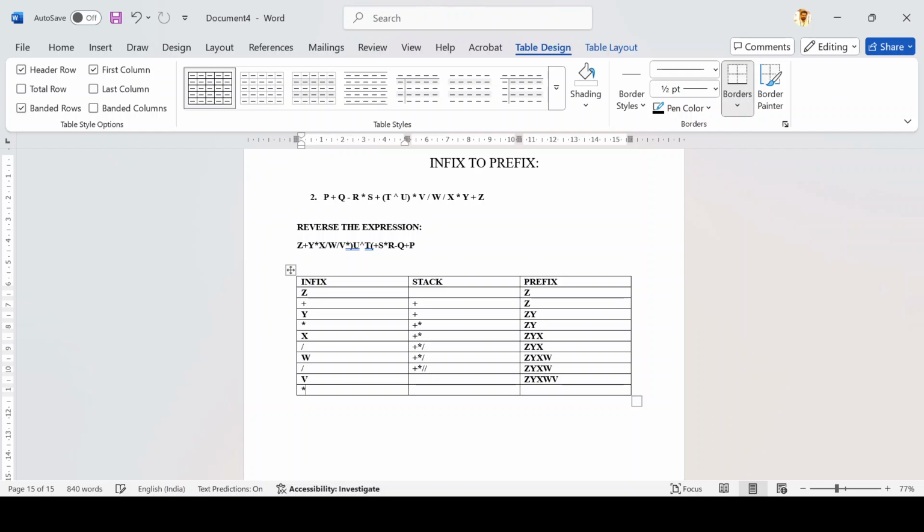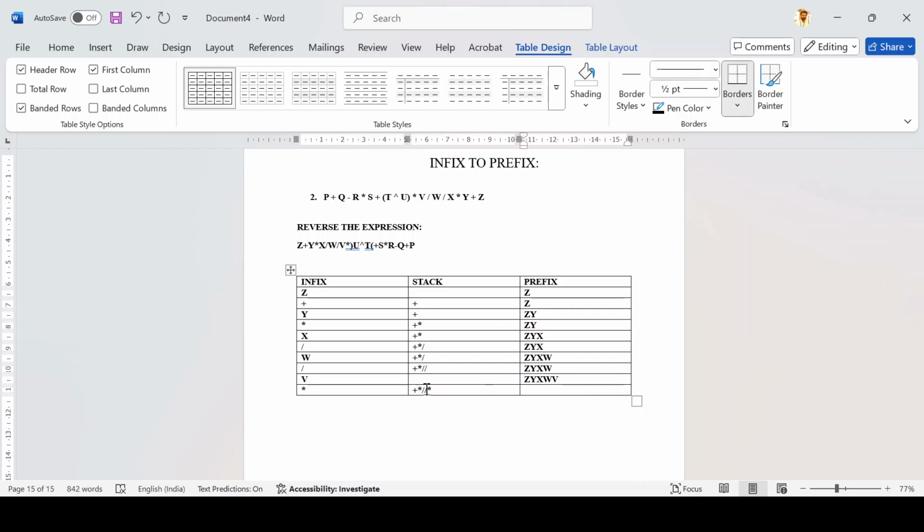Then we have a multiply symbol. Since it has equal precedence with the top of the stack, division being on the same precedence level, we can push it into the stack. So plus, division, division, and multiply.